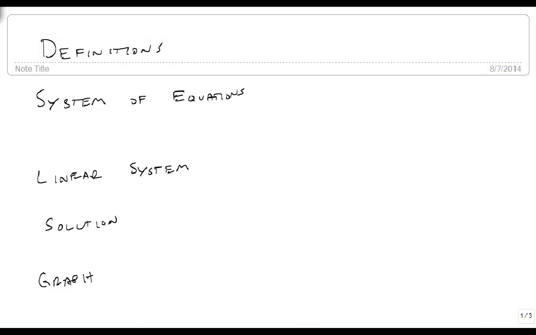We're now going to talk about some definitions related to systems of equations. A system of equations is a set of equations that share the same variables.